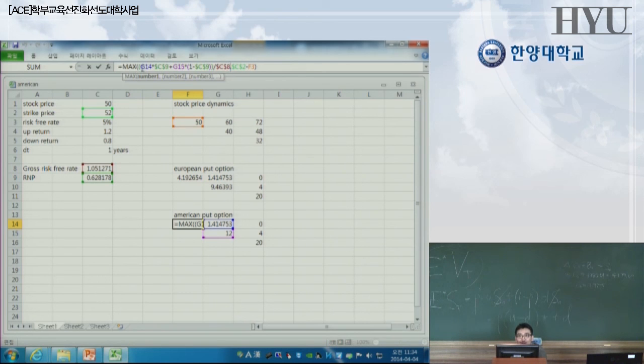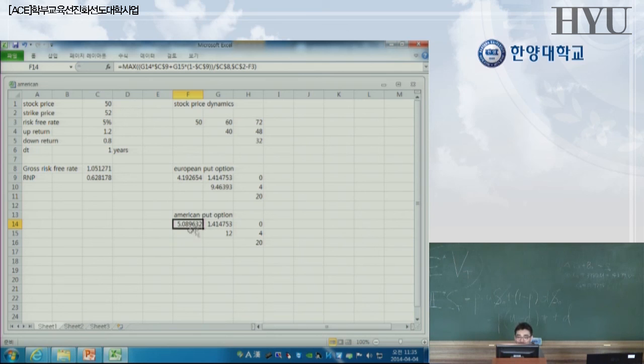So this is the value of holding the option, and this part is exercising the option. If I exercise the option right now, stock price is $50, I can sell at $52. I make $2, right? But if I hold it, I have 5.0. So actually, I hold it. I don't exercise at this point.